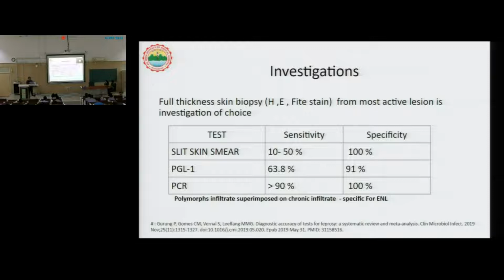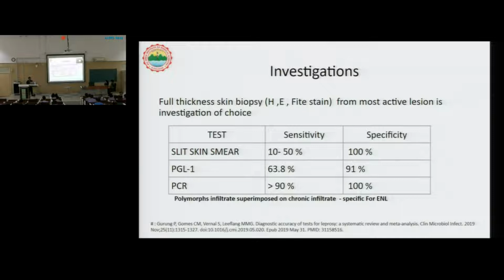To identify latent Mycobacterium leprae infection, various other diagnostic modalities have been used. In immunodiagnostics for cell-mediated immunity, the lepromin test, which was used before, is now obsolete, and research has been going on for serology for PGL1 by ELISA, which has 63.8% sensitivity and 91% specificity, but it fails to identify active lepromatous leprosy, and it has a positive predictive value of only around 4 to 10% in various studies.